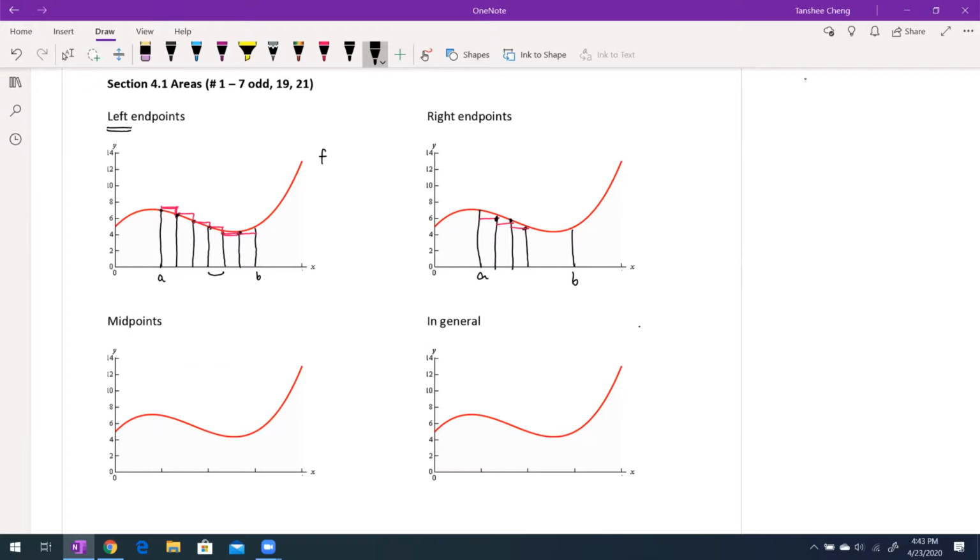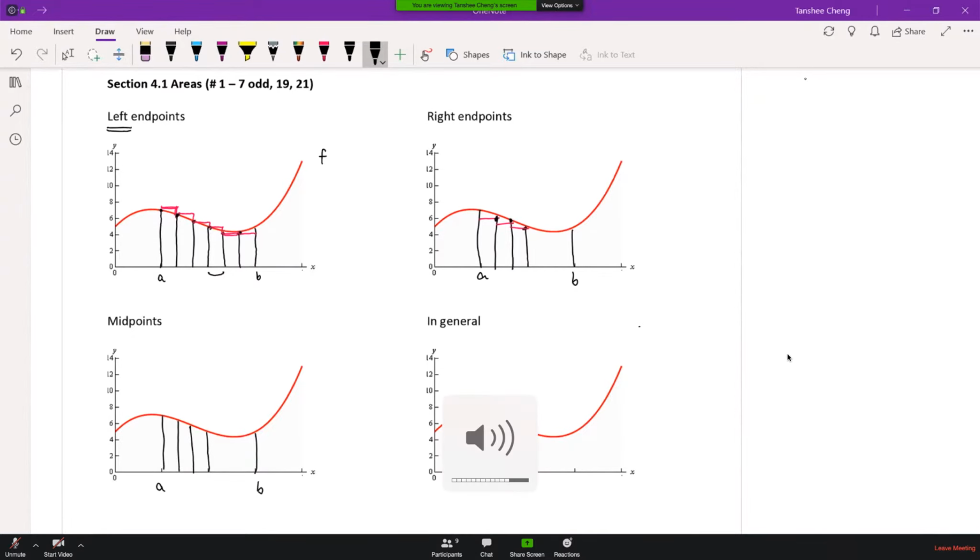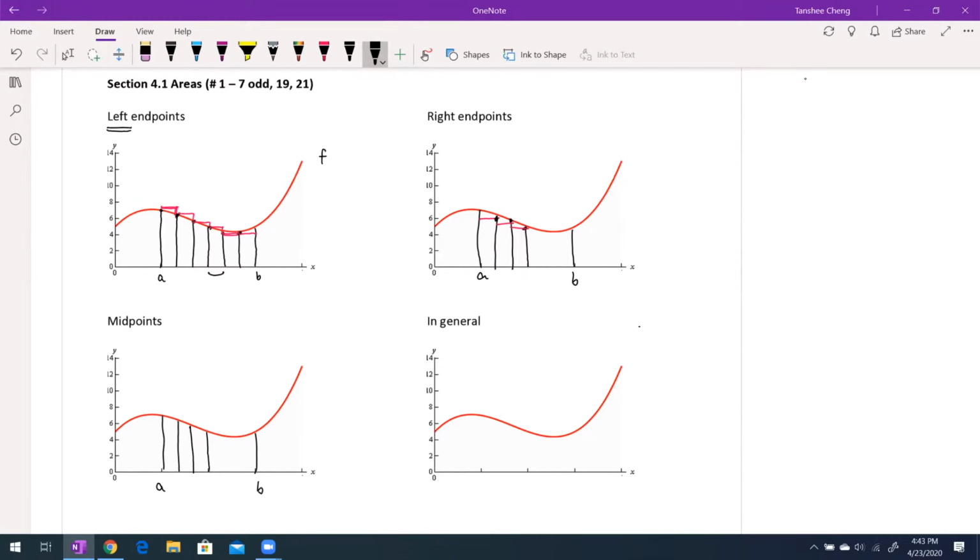So another technique that we can use is the midpoint. Once again, let's say I break it down into 3 intervals, 3 equal widths. The height will be the value at the midpoint of this first little width increment right there.